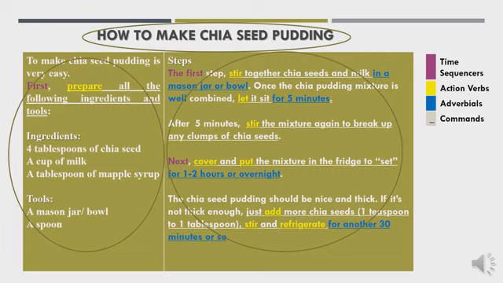Kemudian dilanjutkan dengan prepare all the following ingredients and tools, ya. Ciri utama dari sebuah teks prosedur itu adalah banyak kalimat perintahnya. Nah, seperti ini sudah menemukan kalimat perintah. Prepare all the following ingredients and tools. Siapkan semua bahan dan alat. Nah, itu contoh dari kalimat perintah.